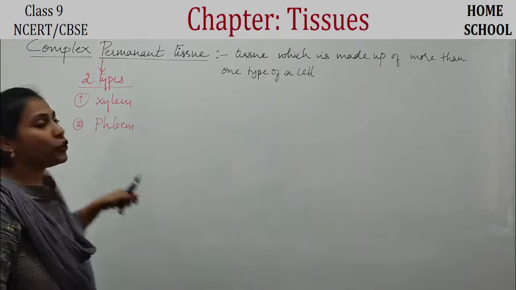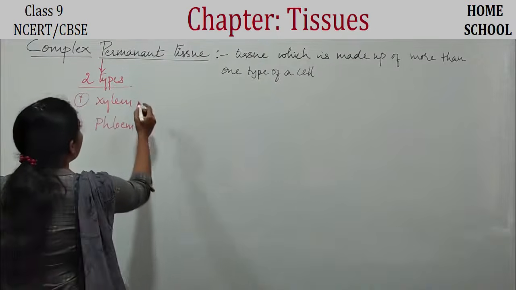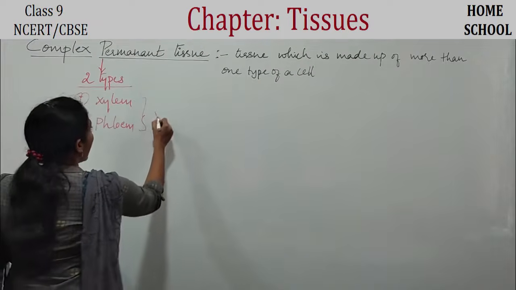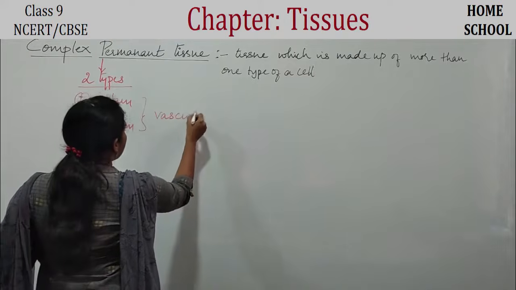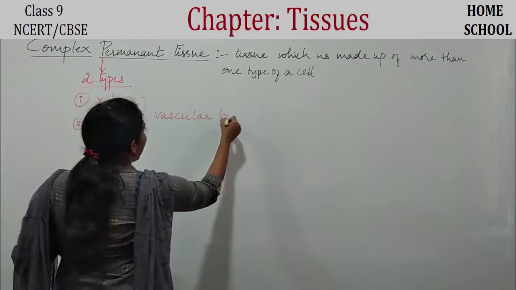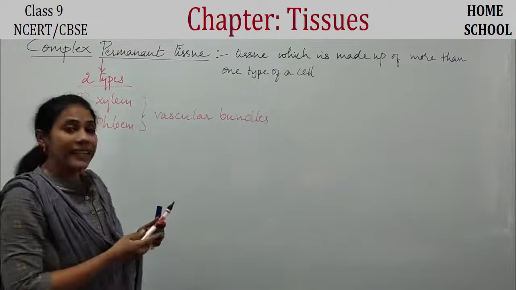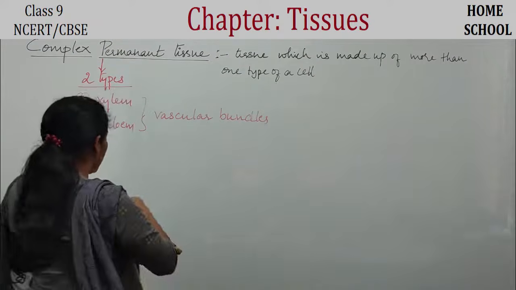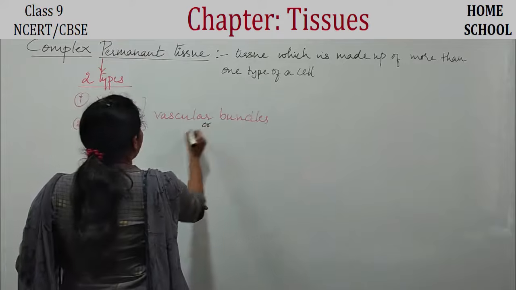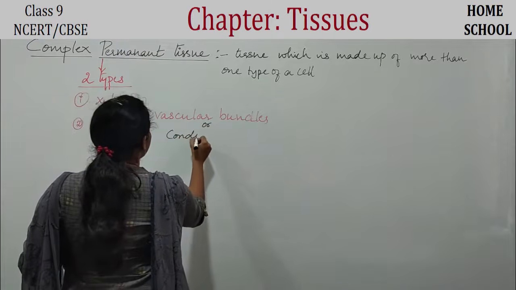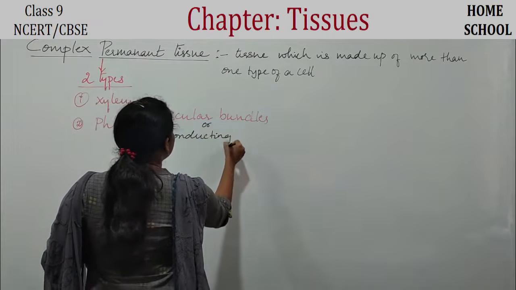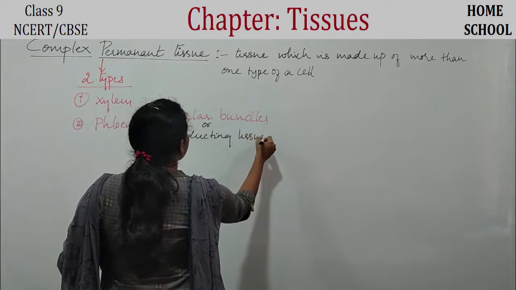Actually, both of them are called vascular bundles. They are called vascular bundles. Okay. In other words, they can also be called conducting tissues. They are also called conducting tissues.